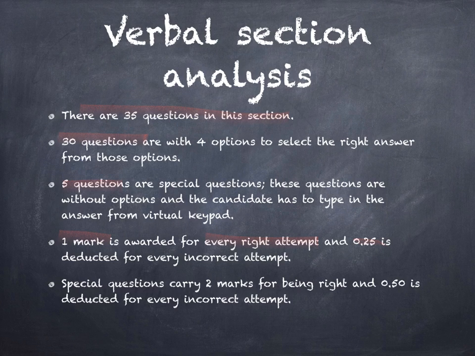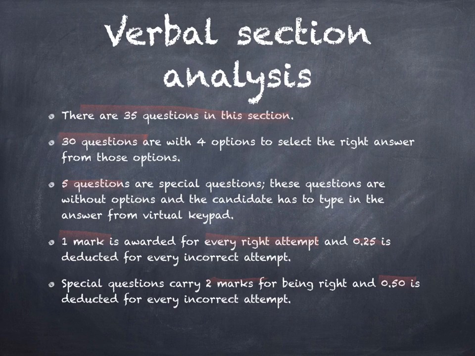As I said, you get 5 special questions. For those 5 questions where you do not have options, you're going to get 2 marks for every right attempt. However, if you attempt that question incorrectly, the penalty is also double. It's 0.5. So you need to be very careful while attempting the questions which are without options.